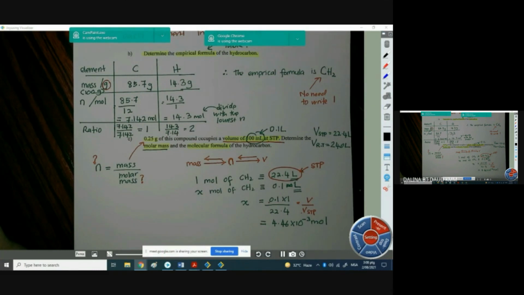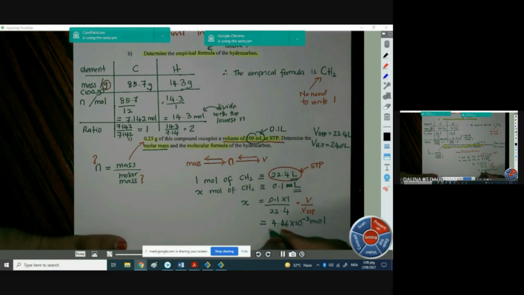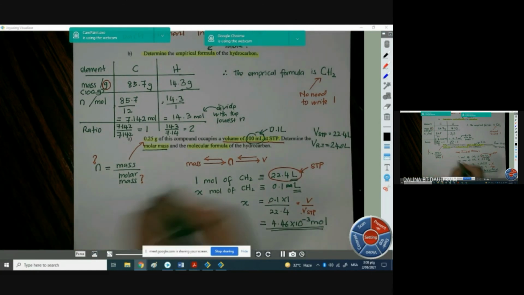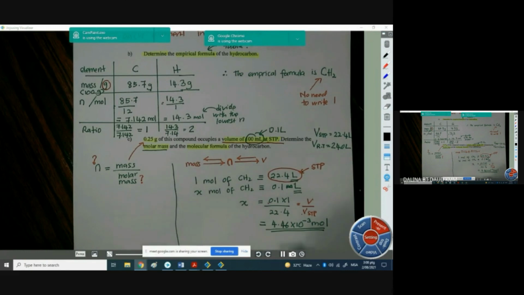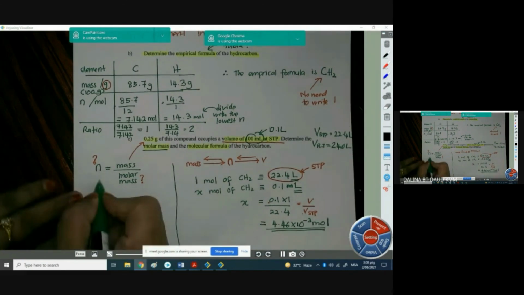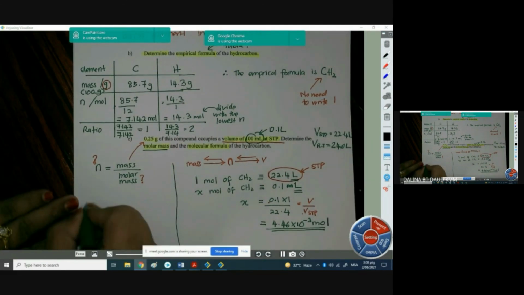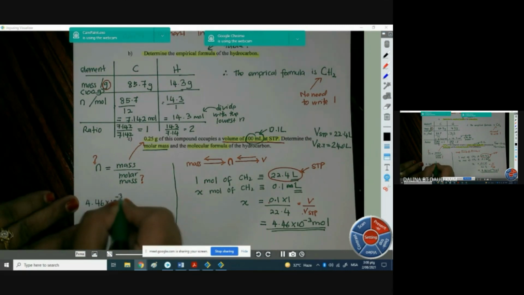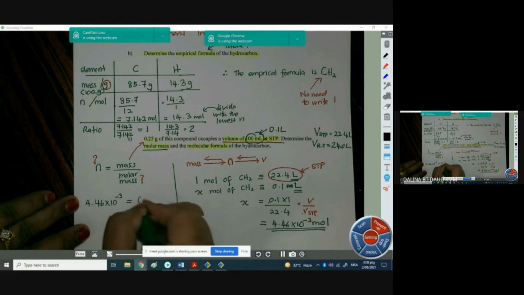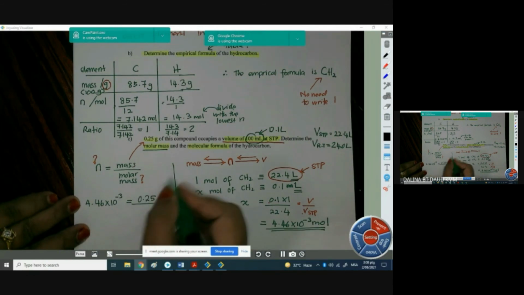So now we get the number of mole. Dah dapat number of mole, so you can substitute the data in the equation.